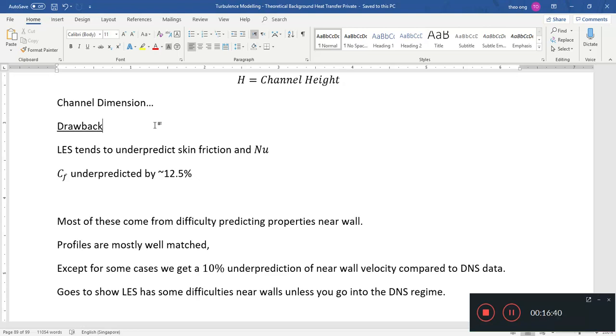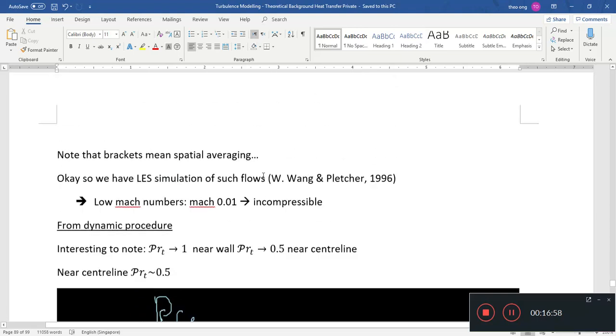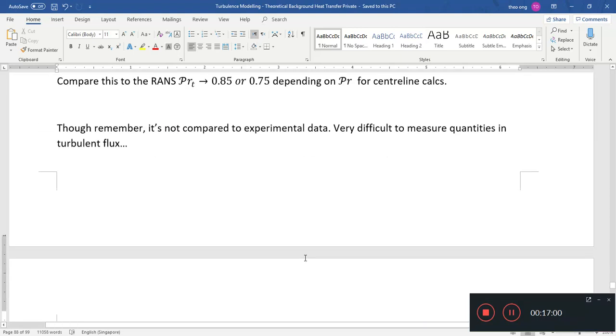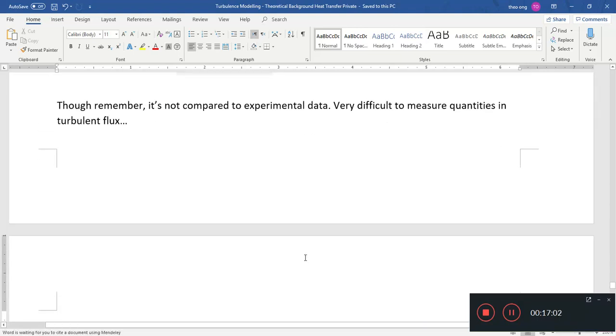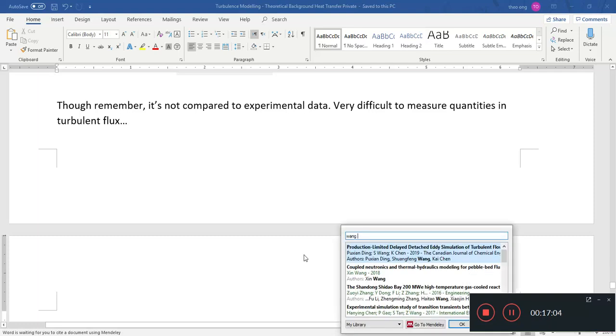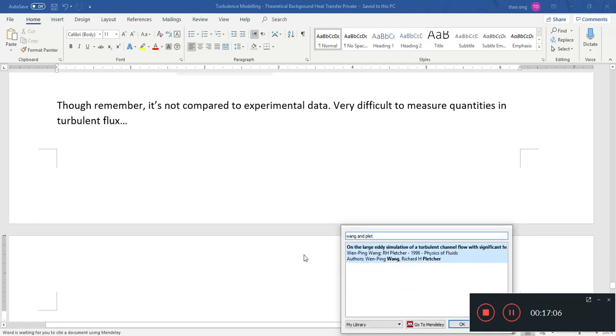Skin friction can go as low as 12.5% compared to, let's say, DNS data, and this is for low Mach numbers or incompressible flow. This data was actually taken from this same paper, Wang and Pletcher.